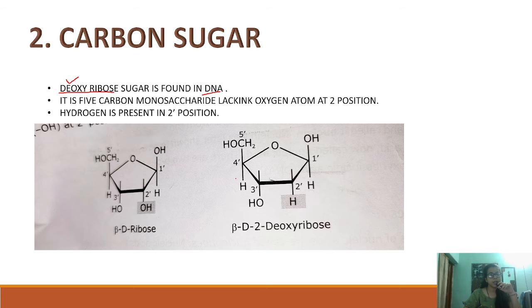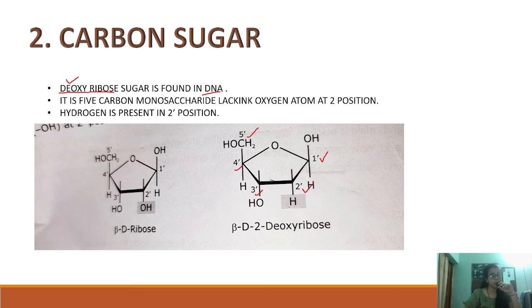What is deoxyribose? It is a 5-membered ring structure which lacks oxygen at the 2' position. This is the numbering: first prime, second prime, third prime, fourth prime, and fifth prime. In the second prime position, the oxygen will be absent in case of deoxyribose.